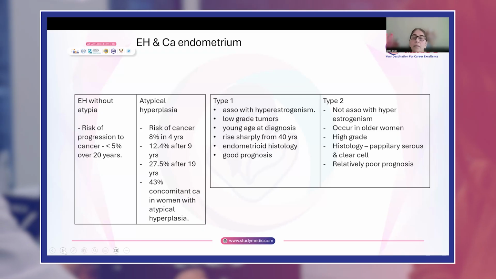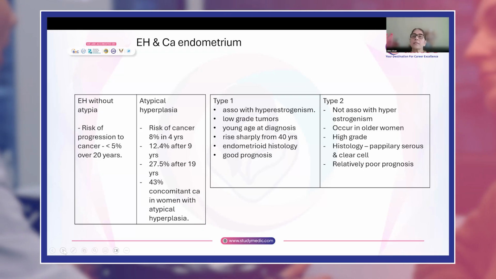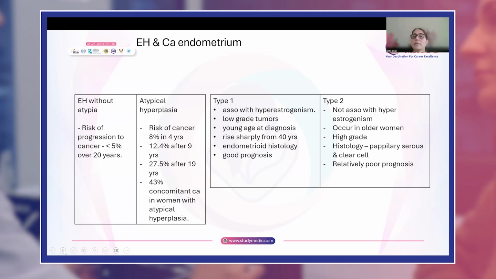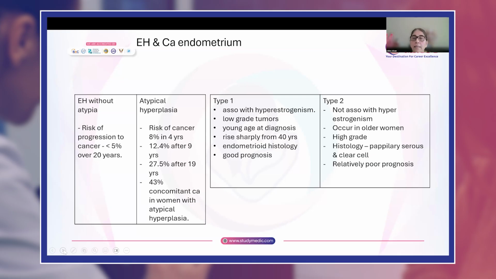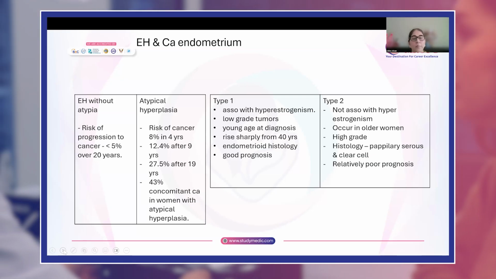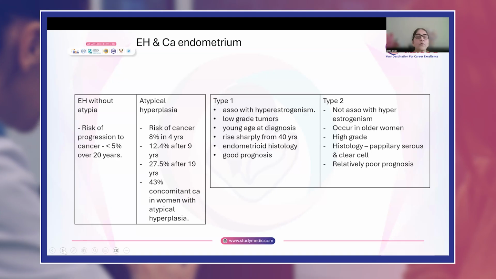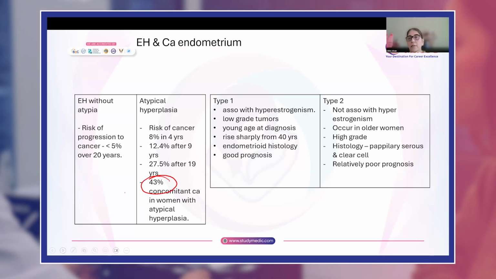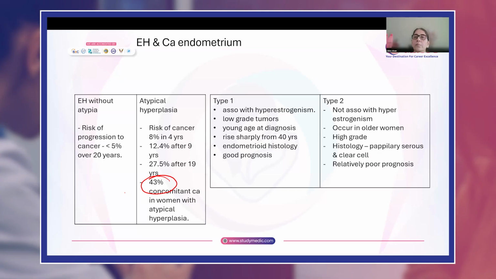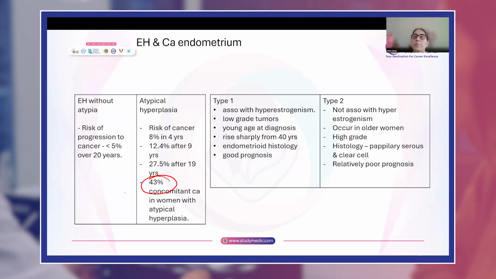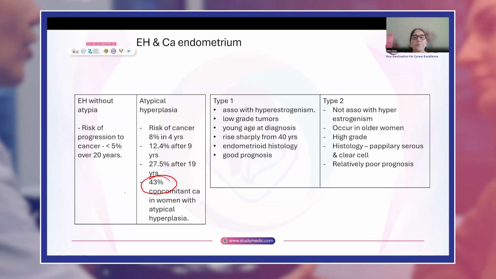The important thing that you have to remember is that for women who undergo hysterectomy for atypical hyperplasia, the risk that there is concomitant invasive cancer is as high as 43%. So it's very important that women who have atypical hyperplasia be treated aggressively.